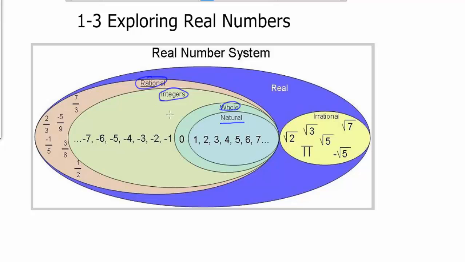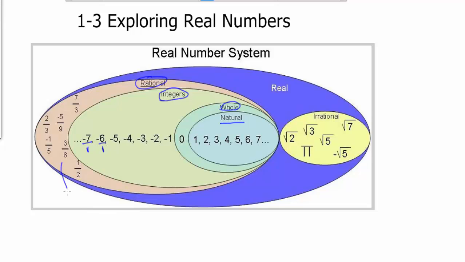Rational numbers, okay, are all of these numbers that we already talked about, and anything in between that can be written as a fraction. So all these numbers can be written as fractions because you can put -7/1 and -6/1 and so on.